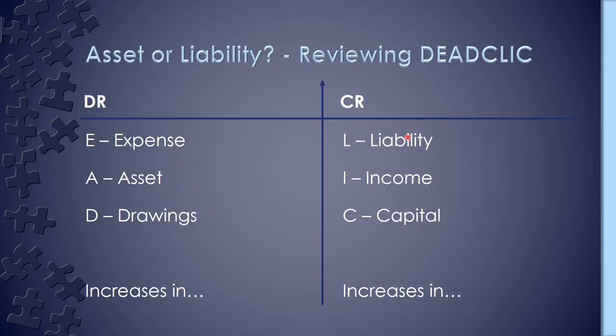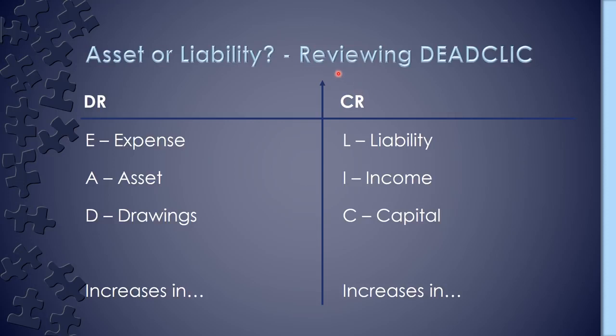And likewise, liabilities, if you increase your liabilities, for example, if you owe more VAT to HMRC, then that increases the liability that you owe HMRC, and therefore you're going to credit that liability account. Same for the income, you make more sales, so you're going to credit your sales account, and if you have more money put in, then it will increase your capital account.